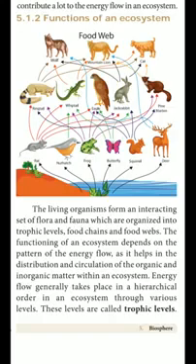Some are fauna, meaning animals. So the functioning of an ecosystem depends on the pattern of the energy flow as it helps in the distribution and circulation of the organic and inorganic matter within an ecosystem. So energy flow generally takes place in a hierarchical order in an ecosystem through various levels. These levels are called trophic levels.